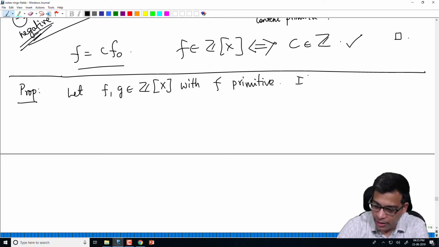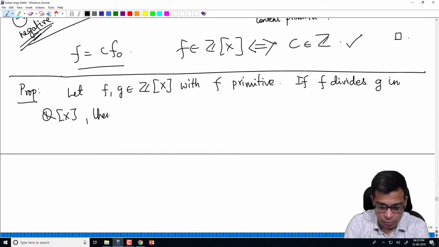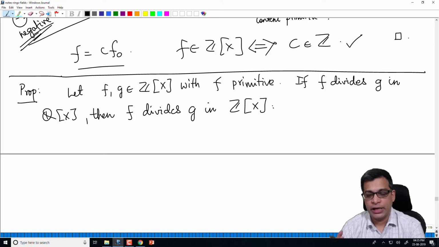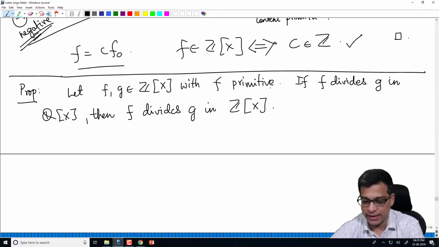Then if f divides g in Qx, then f divides g in Zx. This is the important proposition for us. If a primitive polynomial divides an integer polynomial in Qx, actually it divides in Zx itself.